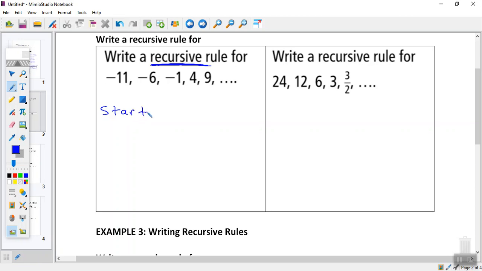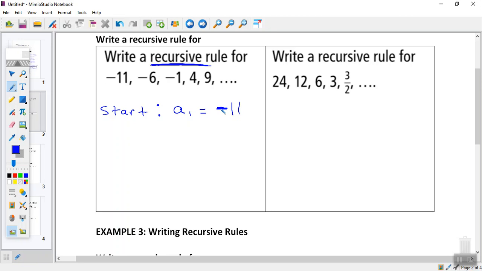Well, I would probably assume that negative 11 is which term here, kids, in this sequence? First one, right? So for your start here, I would say, okay, your first term is equal to negative 11. That's a negative sign there.